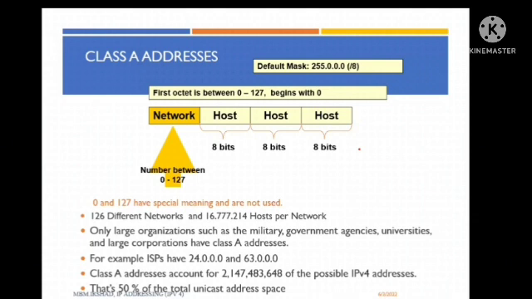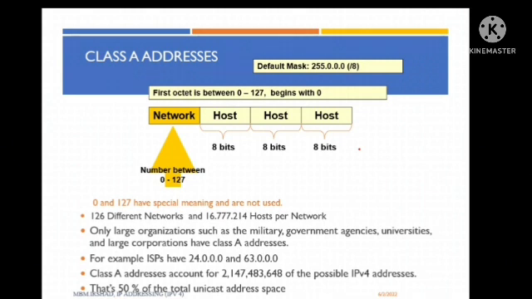Can you remember? We said already 0 is a sign for networks, and 127 is used for the loopback address, so that is not used. So there are 126 different networks and 16 million hosts per network.